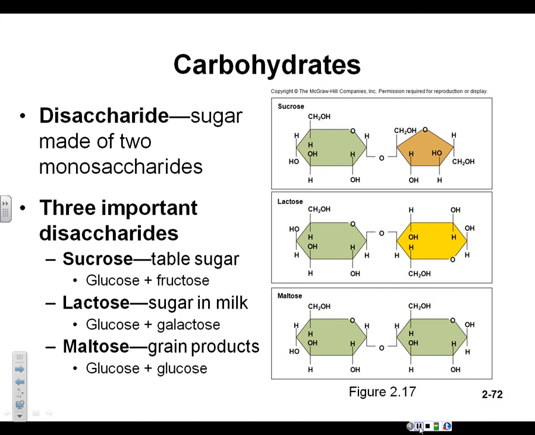Okay then. Milk sugar is lactose. What makes lactose? Alright, maltose is grain sugar. What makes maltose? Alright, so what type of reaction do I put these two through to get a disaccharide? What type of reaction?